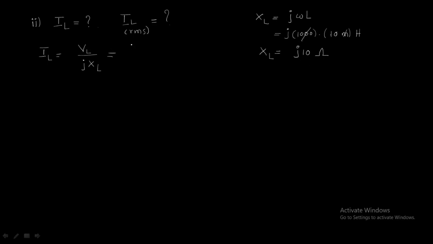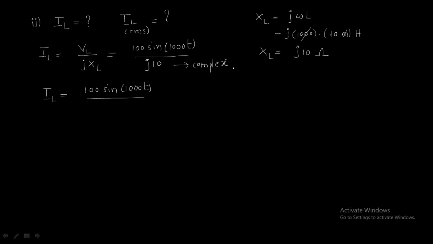So VL is 100 sine 1000t divided by j into 10. Simplifying, the current across the inductor is 100 sine 1000t over j10. j10 is in rectangular form; we can convert it into polar, which gives 10 at an angle of 90.